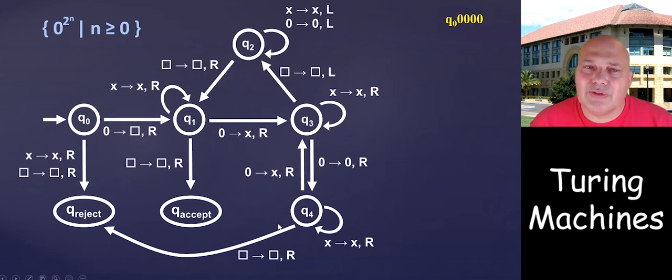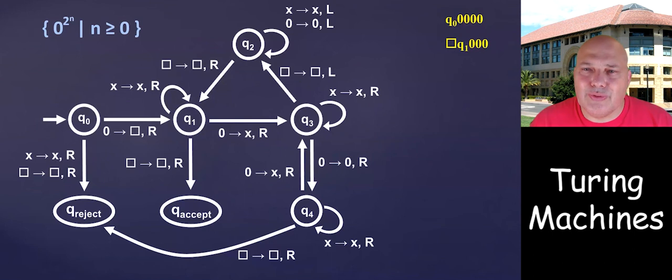So you start at Q0, this is your start state, and you have 4 zeros to your right. 4 zeros is, of course, 2 to the 2 zeros, which means that you're supposed to accept this. The first thing is that you move your head to the right, and you write an empty symbol instead of the first 0. Now you're at Q1, and you have 3 zeros to your right.